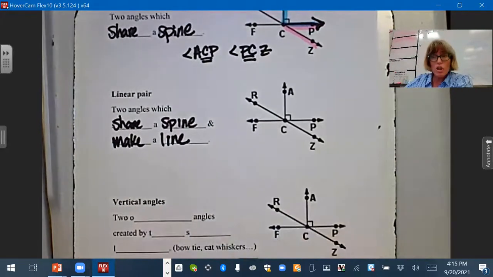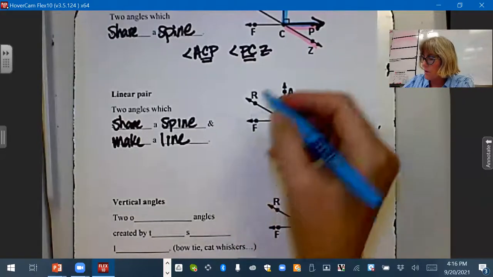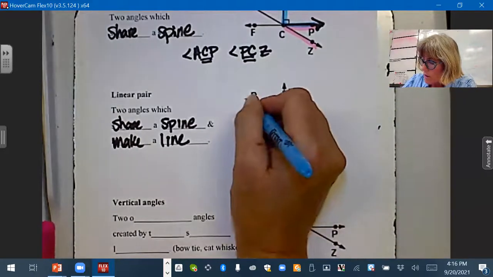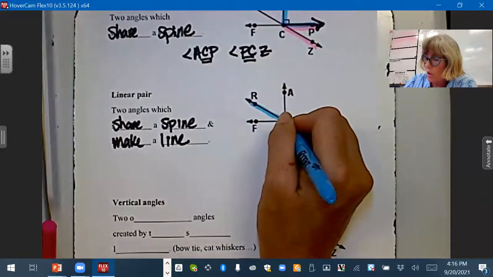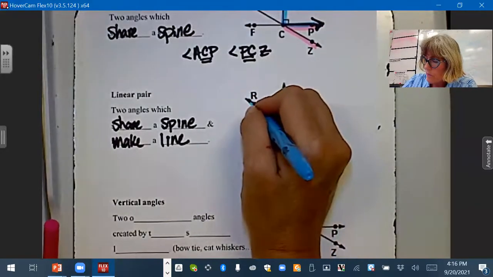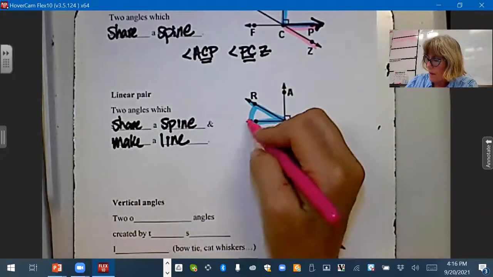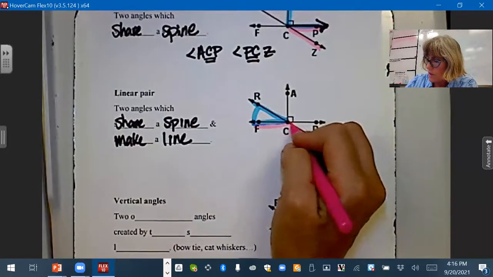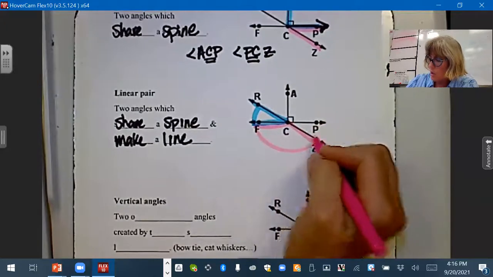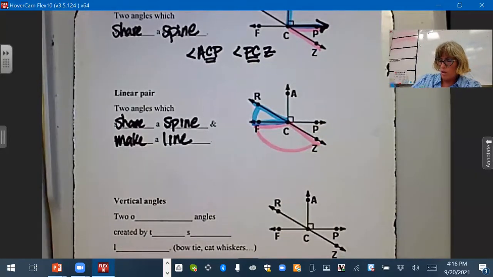That would be any 2 angles that are both adjacent and they make a line. So that would be like this. Angle RCF would be 1, and FCZ would be another. They share a spine and they make a line.